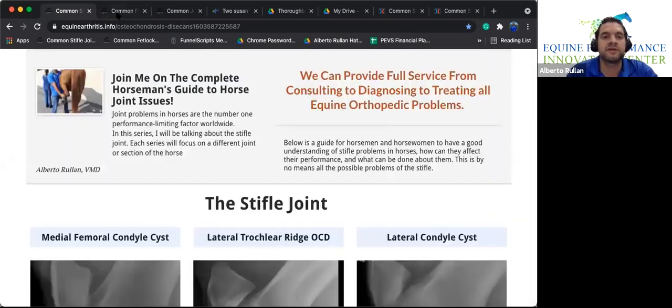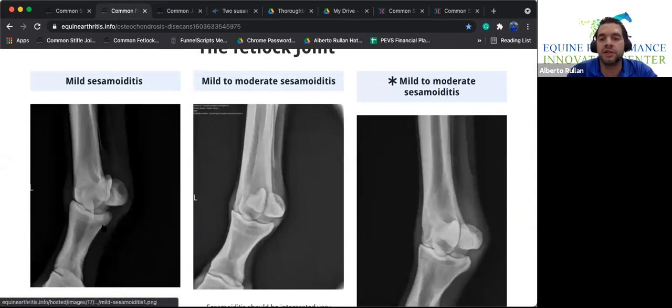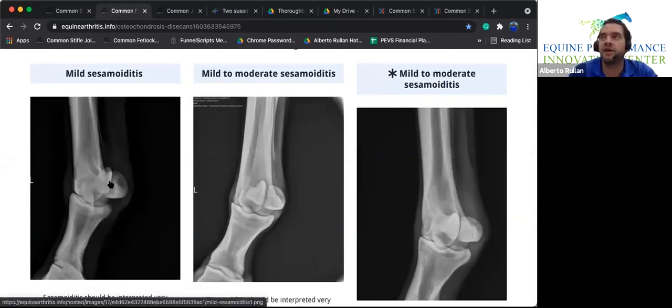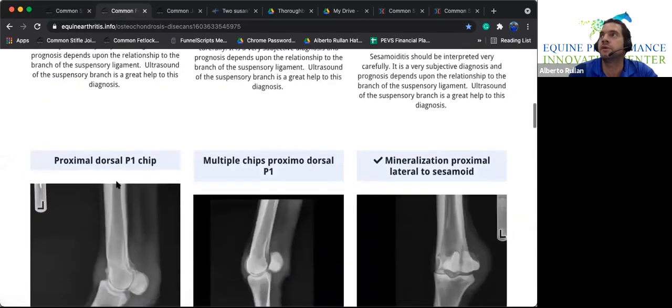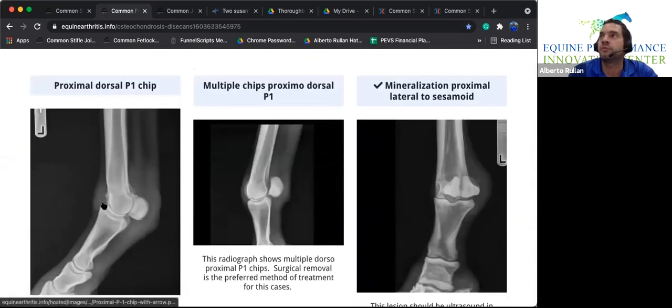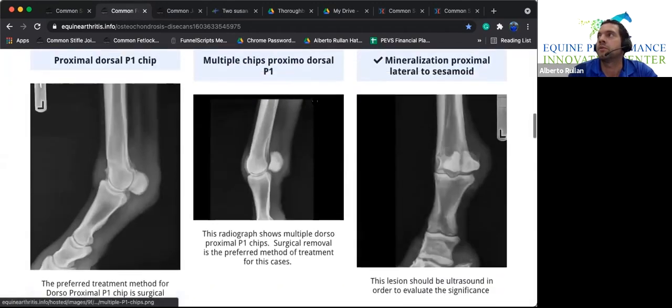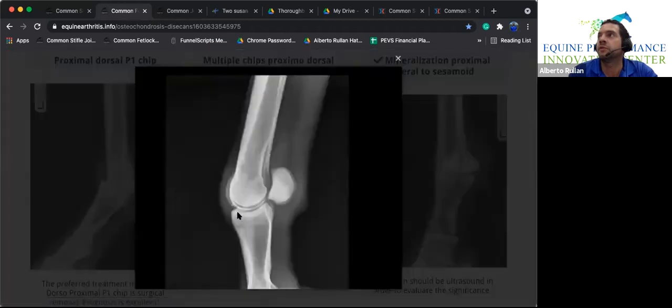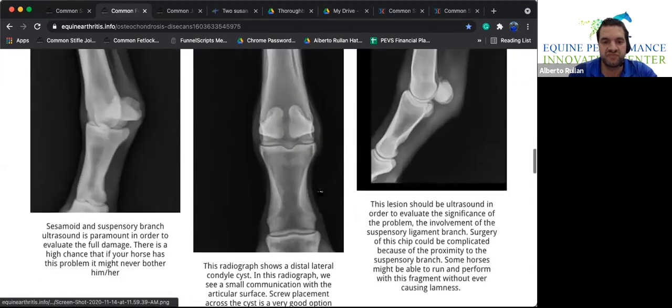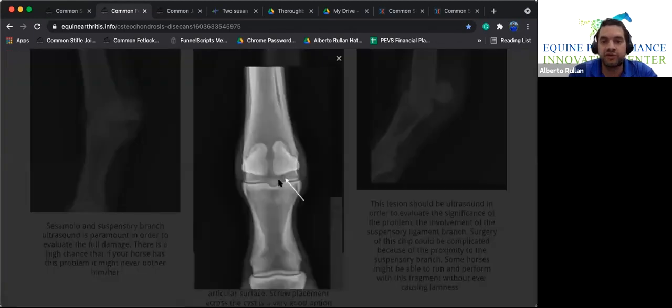All right, so then you can see the ones on the fetlock, and the common pathologies that we see are sesamoiditis, like this one. We see P1 chips. We see proximal sagittal ridge. We see more P1 chips. We see lucencies in the femoral condyles.